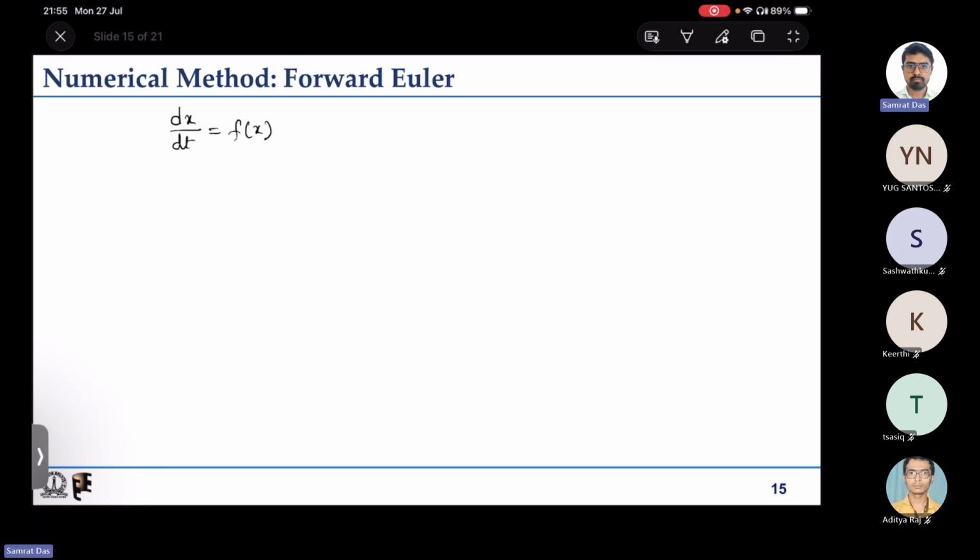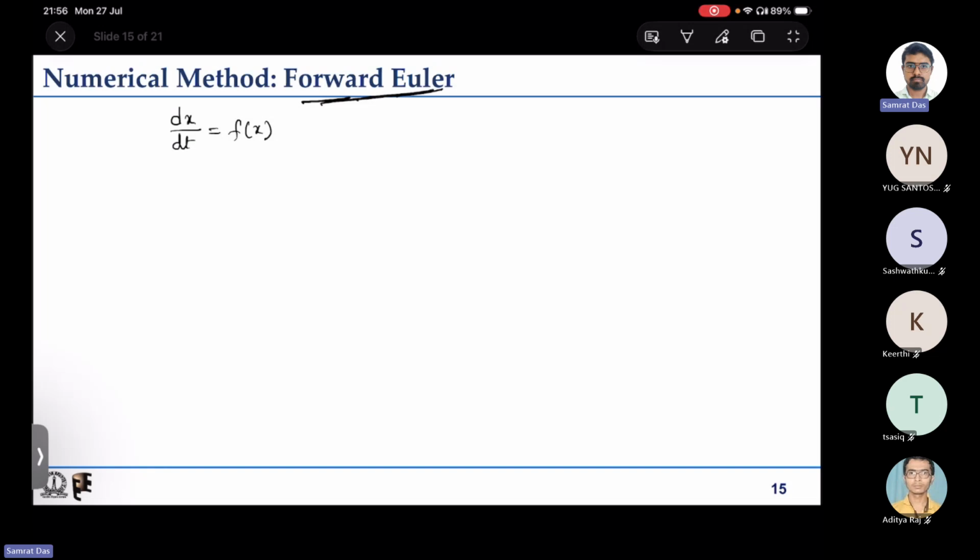For simplicity, let me illustrate the method with only x, then I will derive the difference equation for the field circuit equation, where you have both the state If as well as the input. So the first one which we will be discussing is called the forward Euler method of discretization.